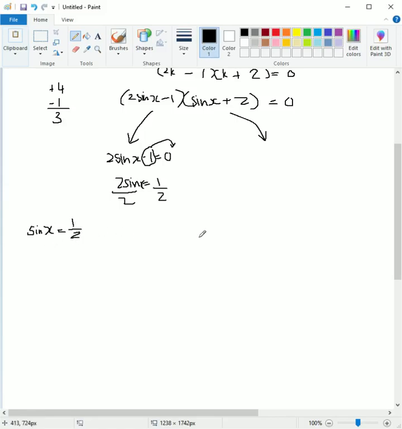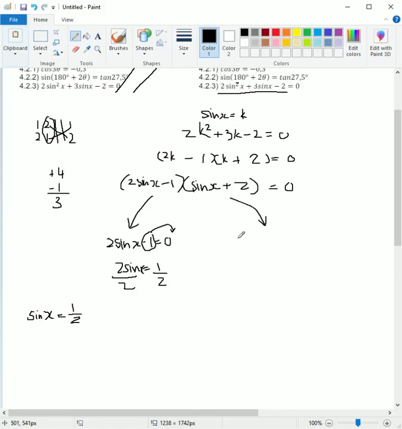Then the side over here, sine x plus 2 equals 0, and then subtract 2 on both sides, so that reduces to sine x equals minus 2.